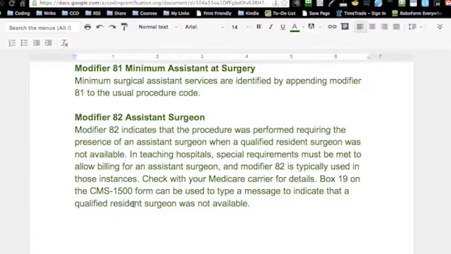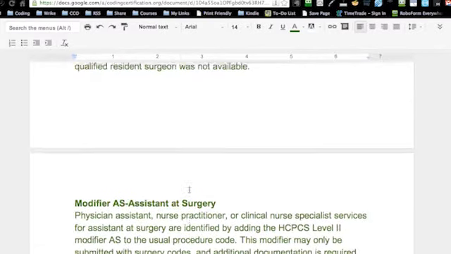Not that they were busy, not that they were doing rounds or getting a Coke down the hallway, that they were not qualified to assist, and therefore a non-resident physician came in to assist. I used to say a real physician, but that's not very nice because residents are definitely real physicians. They're just newer and they can't be billed for yet. Okay, so that's how modifier 82 works.